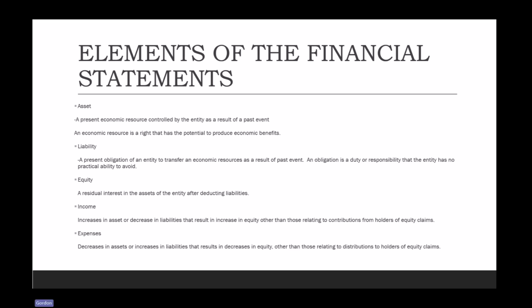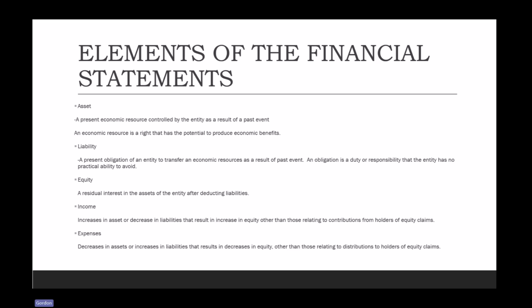A property can decrease because it was stolen. A property can decrease because of obsolescence. The value of a property can decrease because it is damaged. So all these things result in a decrease in an asset, and therefore all these things are expenses.